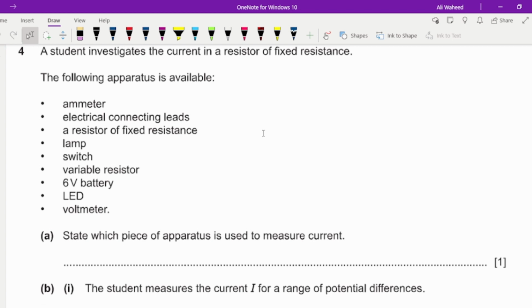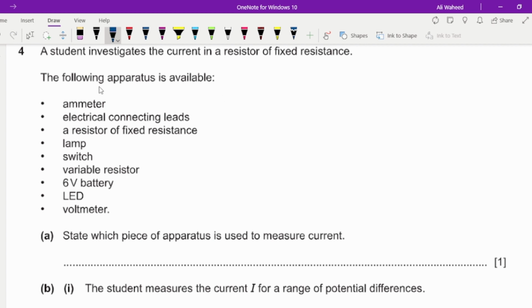A student investigates the current in a resistor of fixed resistance.